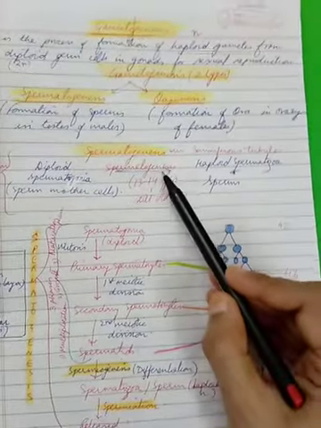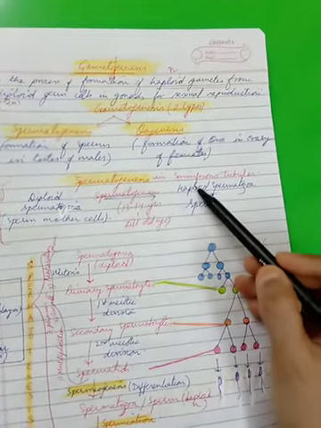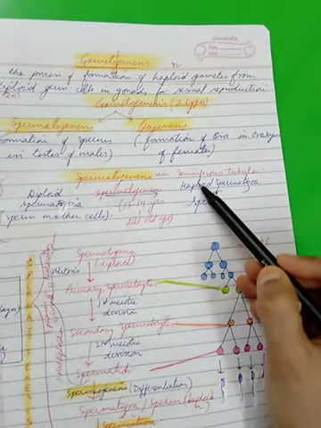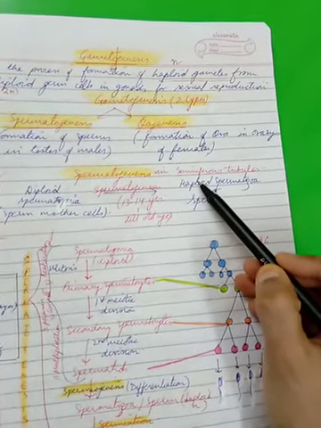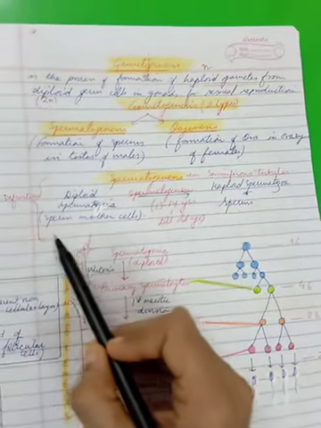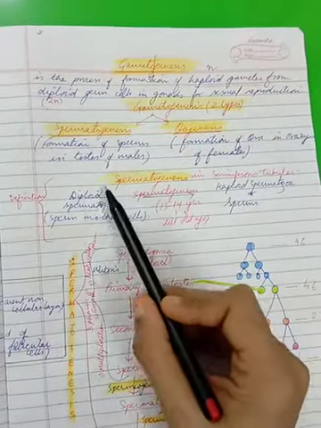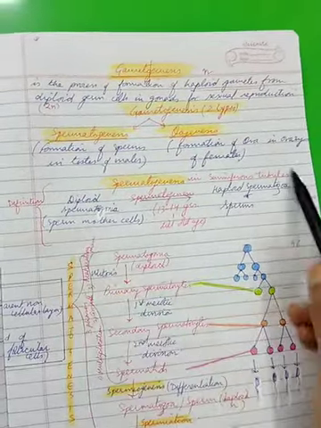Spermatogenesis means formation of haploid spermatozoa from diploid spermatogonia, that is sperm mother cells. If you study this equation just now here, what is formed from which substance, this can be framed as a definition.